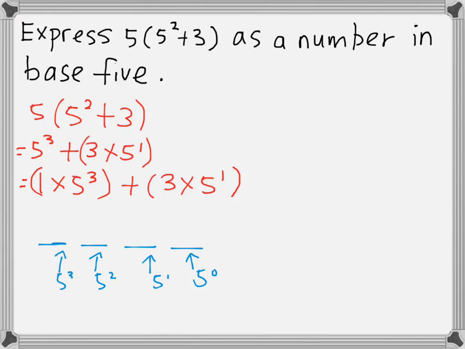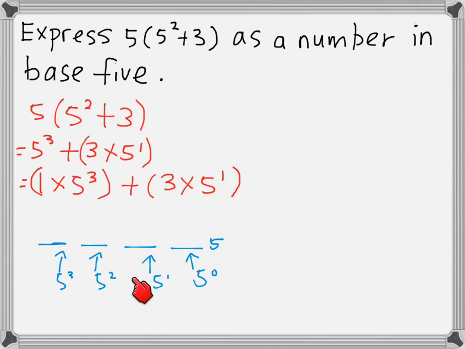This is a number in base 5. But here we only have 1 multiplied by 5 to the power of 3 and 3 multiplied by 5 to the power of 1. So we do not have 5 to the power of 0 and 5 to the power of 2.